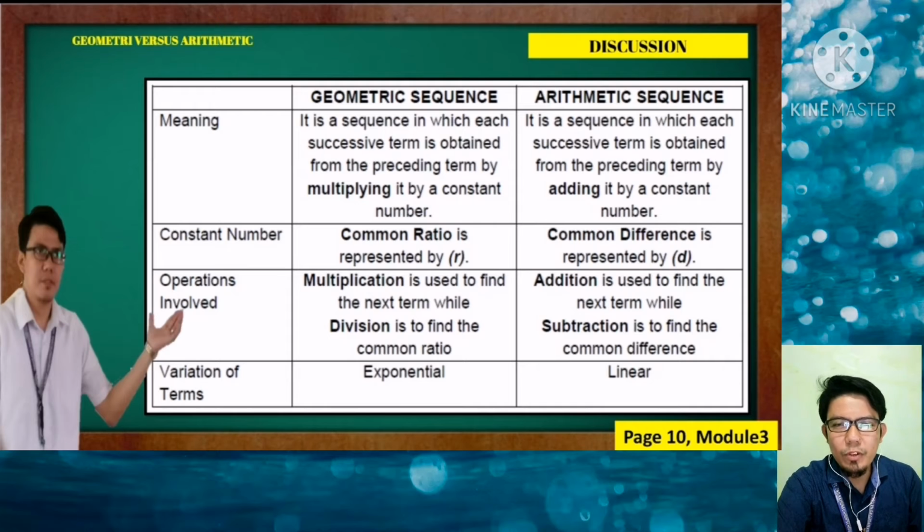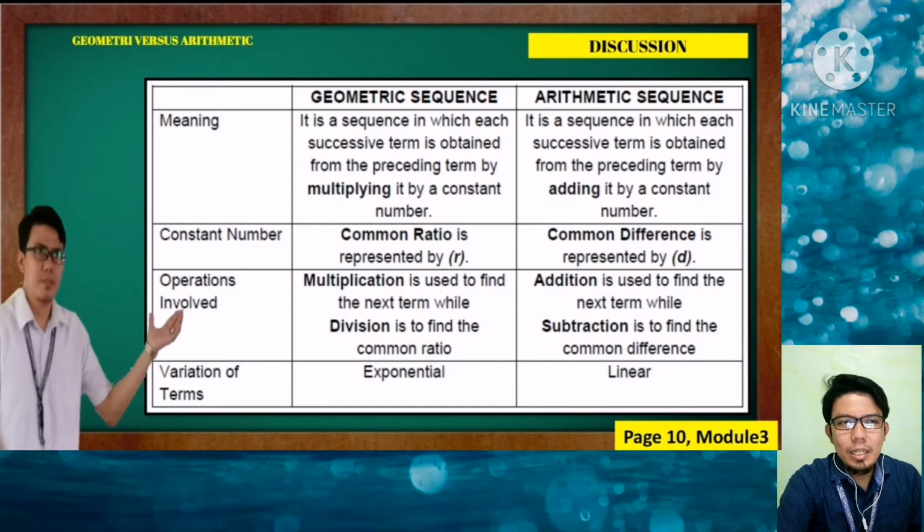That is our previous lesson, arithmetic sequence. On the other hand, for geometric, you can highlight the term multiplying. It is a sequence in which each successive term is obtained from the preceding term by multiplying it by a constant number.